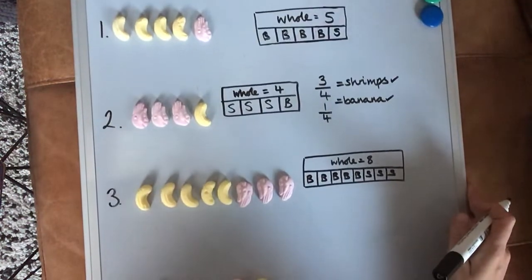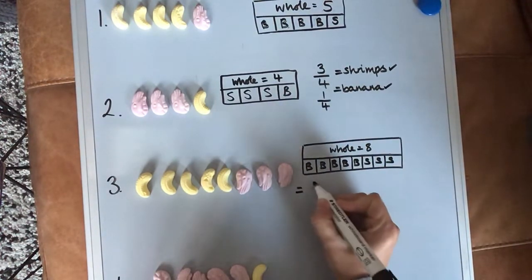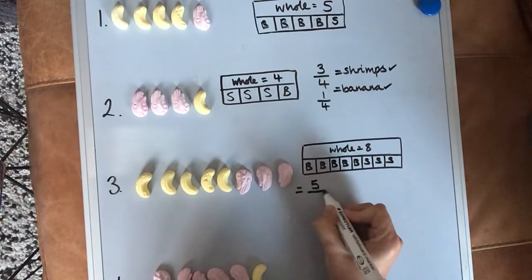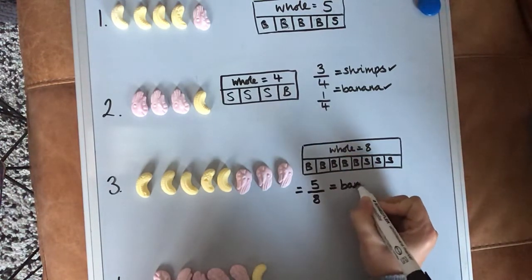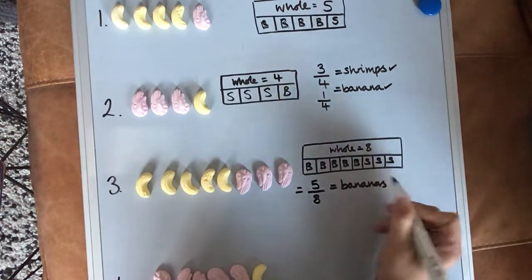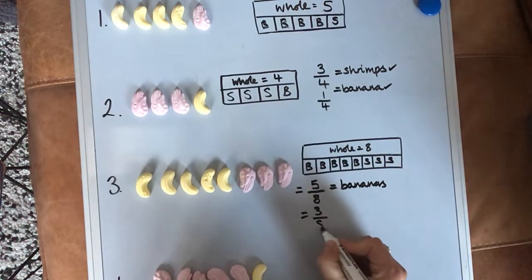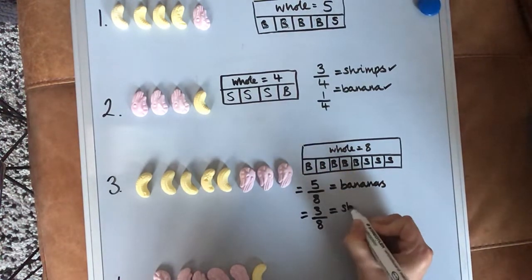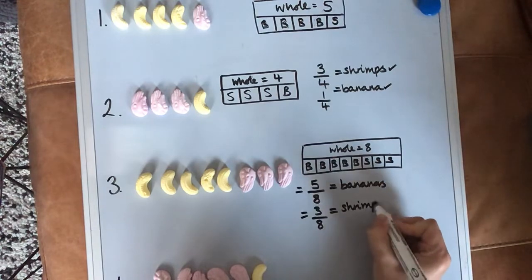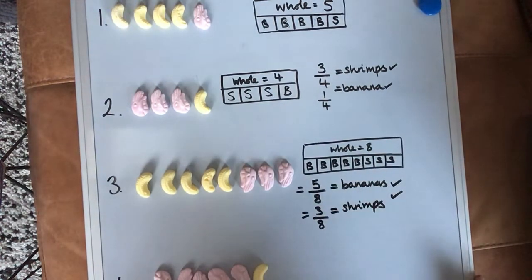Let's see if we can write it down here. So I've got 5 of the 8 parts that are bananas, and 3 of the 8 parts, 3/8 shrimps. How did you do? Give it a tick if you managed it.